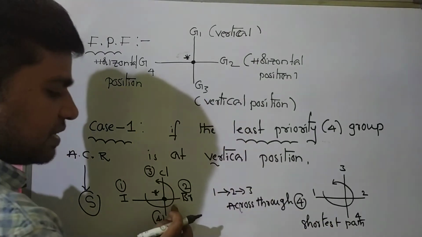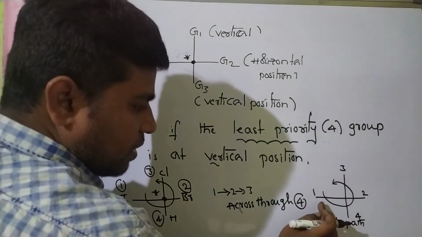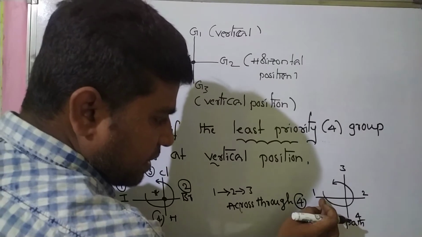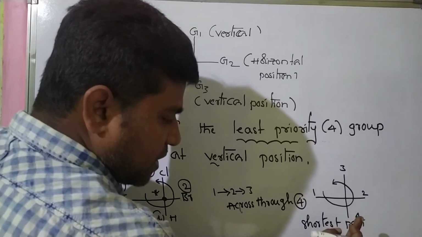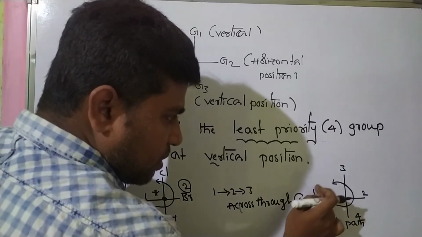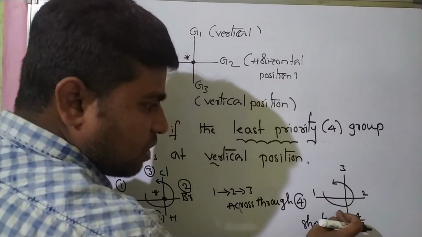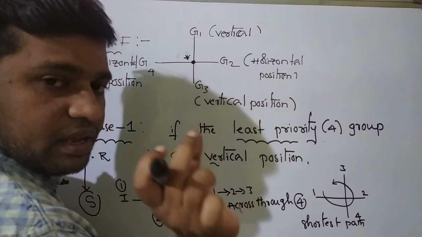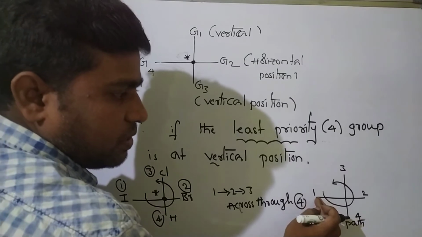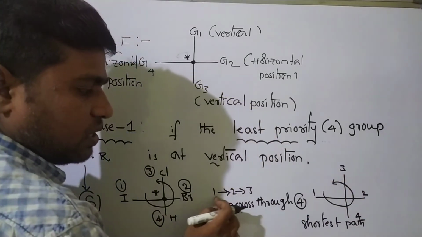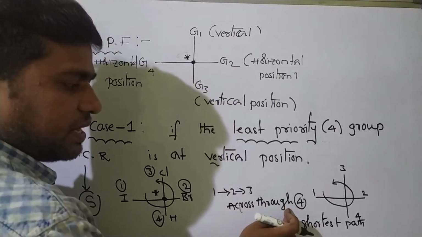Okay, please compare this one and this one. 1, 2, 3, 4. Now we can rotate 1, 2 and then 3 and then 4. But you don't rotate like this, 1, 2 and then 3 again and then 4, because this is the longest distance. The distance should be small, meaning we must select the shortest path. Understood? 1, 2, 3 across through the fourth priority.